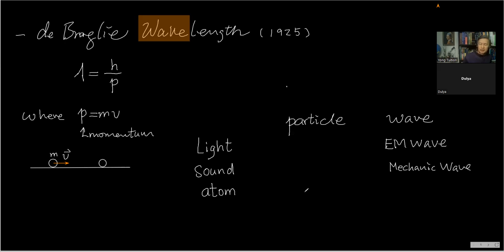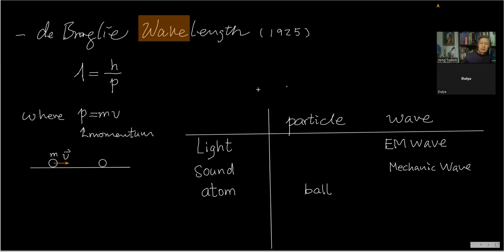Yes, particle. So we treat the mass as a ball. We consider the atom as a solid ball, right? So we barely use the wave to describe the atom. So we're going to build this table to understand the related idea.